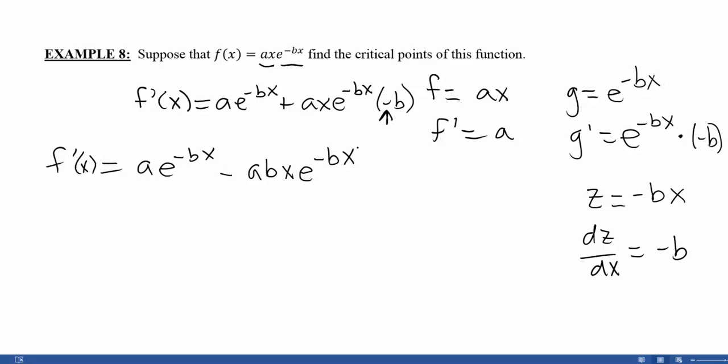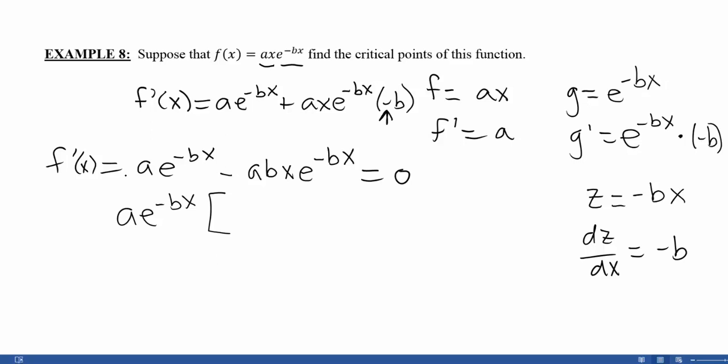So now I want to know, when does that equal 0? So again, I'm going to look at what my terms have in common. So both terms have an a, and both terms have an e to the negative bx. So those are going to be the things that I'm going to factor out. So a e to the negative bx.